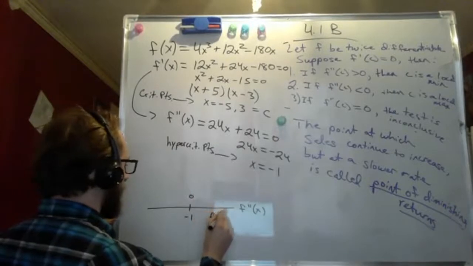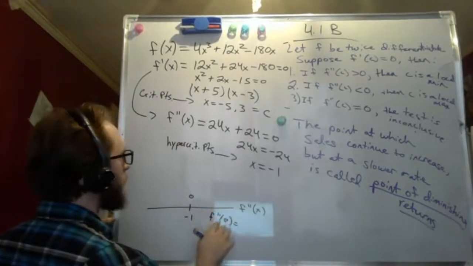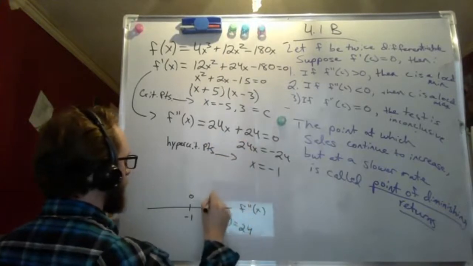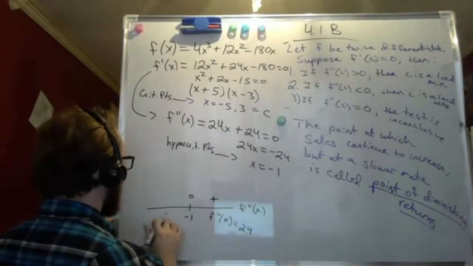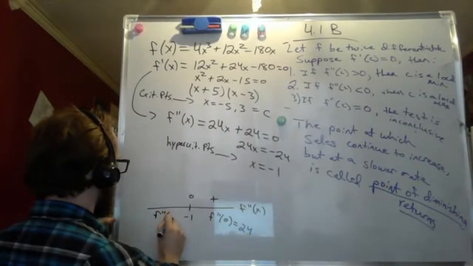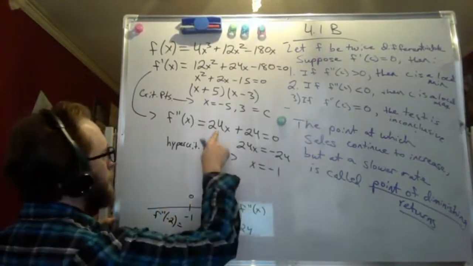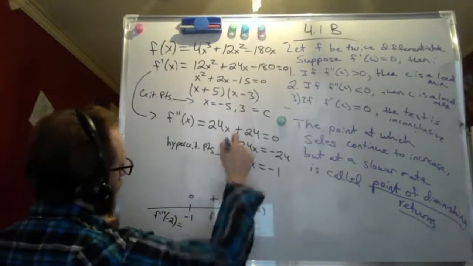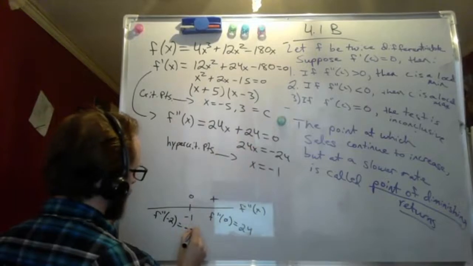If I try 0, f double prime of 0 is going to be a positive 24. So that's positive. And if I check on the left side, say f double prime of negative 2, that's going to be negative 48 plus 24, so that's going to be a negative 24.